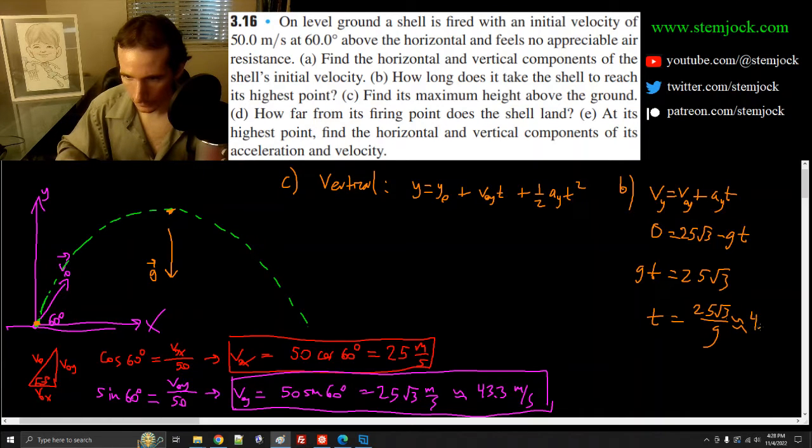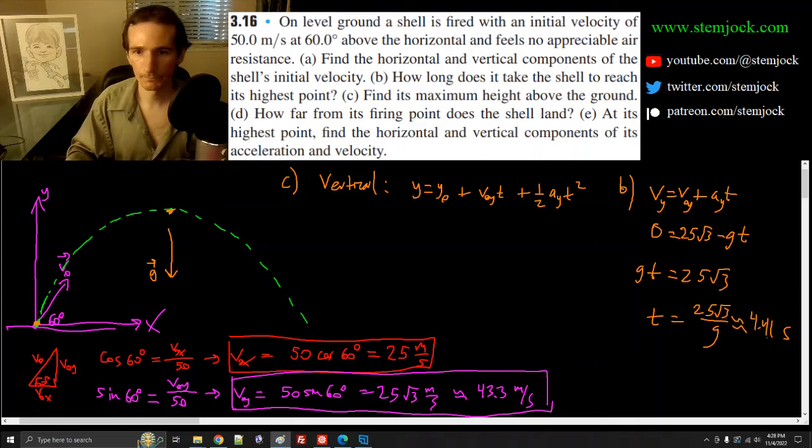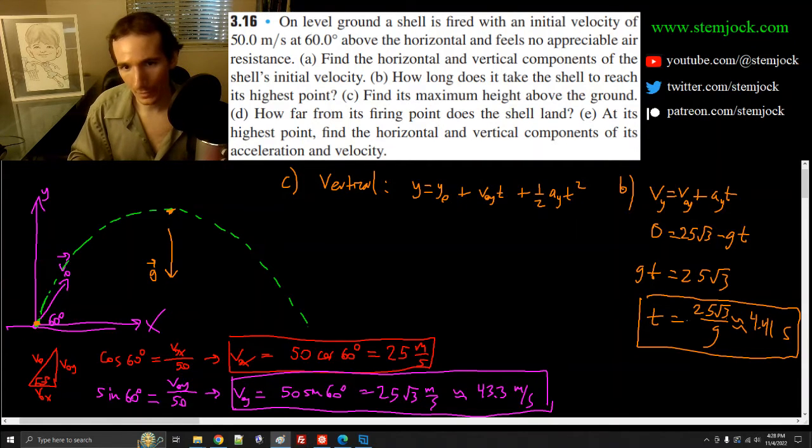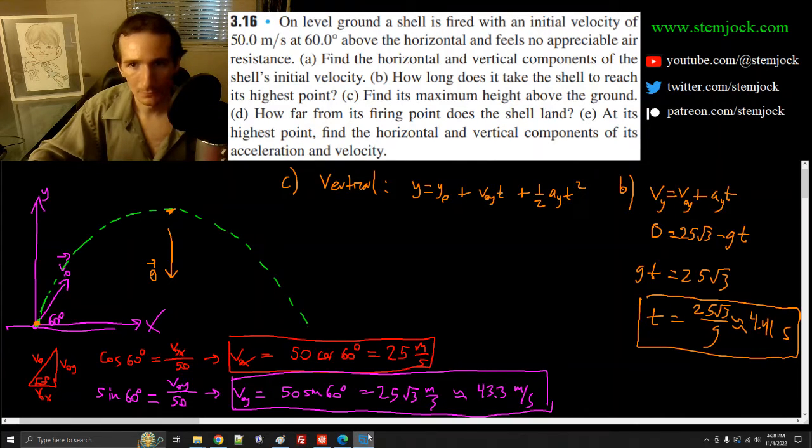So 4.41 seconds is the answer for part B. Now that I know the time, I can find the maximum height above the ground.